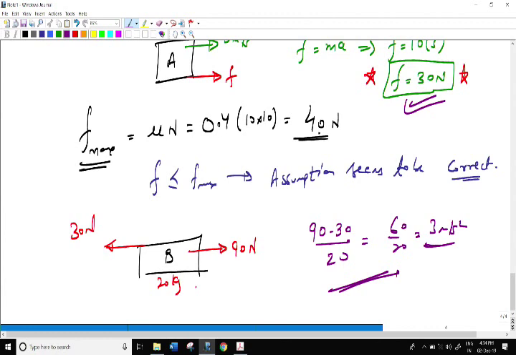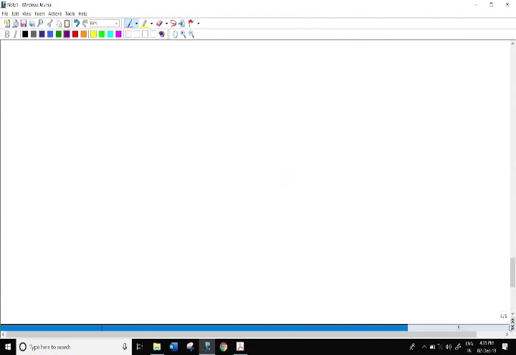So both the blocks will move together with 3 meter per second square of acceleration, and the friction will be 30 Newton. Okay. Last question on this, guys, last question. Please give all you got for this question, alright?